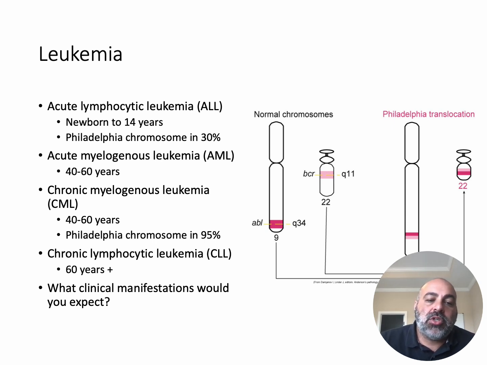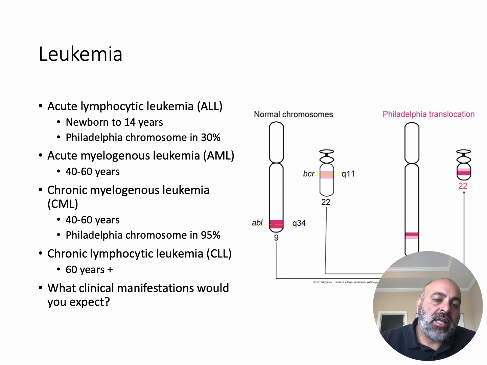But these are the most common age groups that you see them in. CML, this 9;22 translocation, what's called the Philadelphia chromosome, is seen in a majority of the cases. So this is this genetic disturbance very early on in life, and then it manifests as CML later in life.